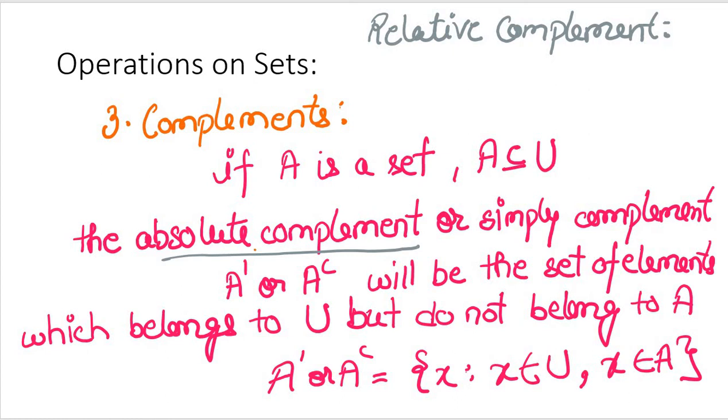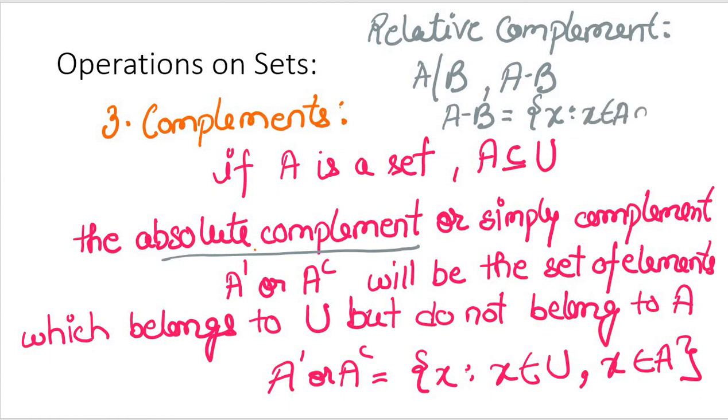So this of a set B with respect to A is nothing but the difference of A and B, and this can be denoted by A \ B, or you can call it A minus B, and what we get is A minus B is equal to X, where X belongs to A and X does not belong to B. So it's a relative complement. Instead of the universe of discourse, I have another set in the form of B.